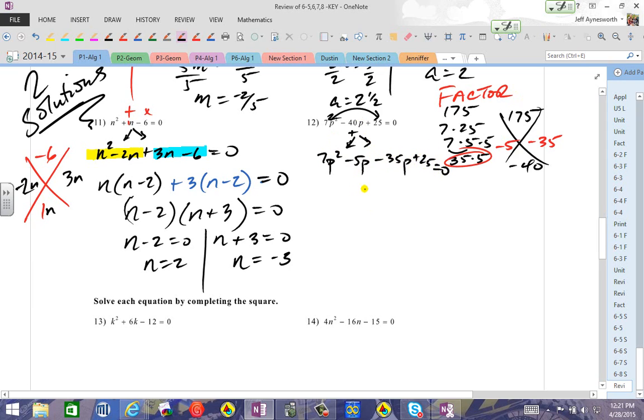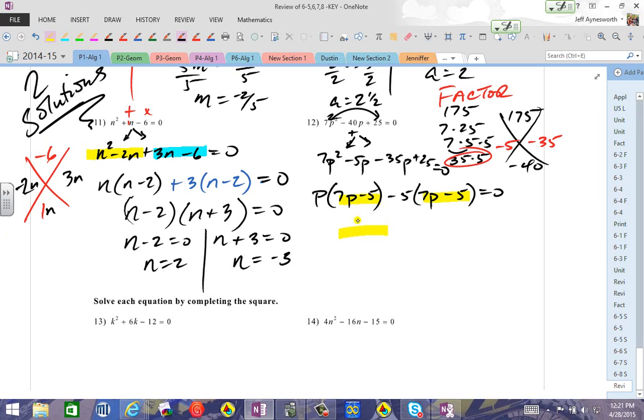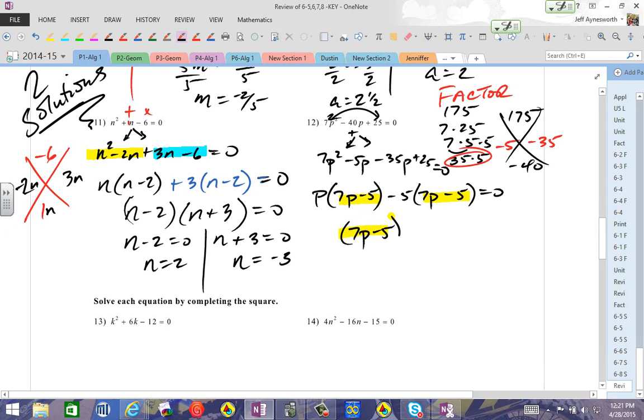Factor out a p, so p times 7p minus 5. Factor out a negative 5 here, and we get 7p. Negative 5 times 7p is negative 35p. Negative 5 times negative 5 gives you 25. Obviously, the common binomial is 7p minus 5. So 7p minus 5 times my remaining terms, p minus 5.